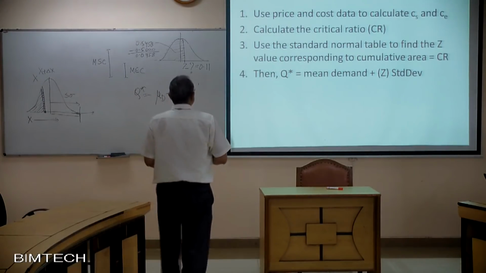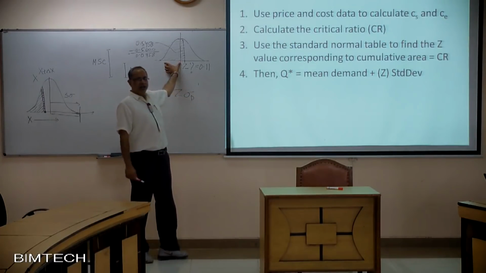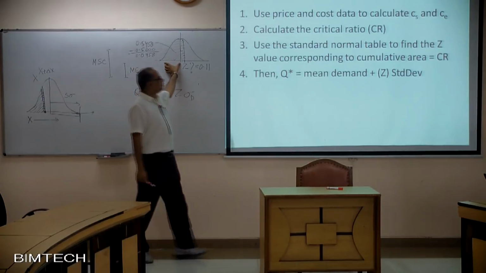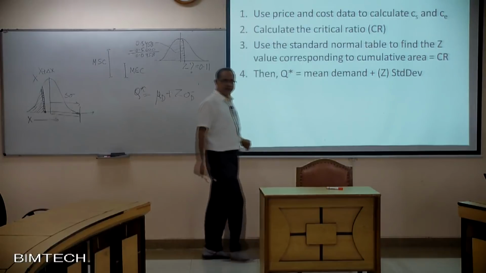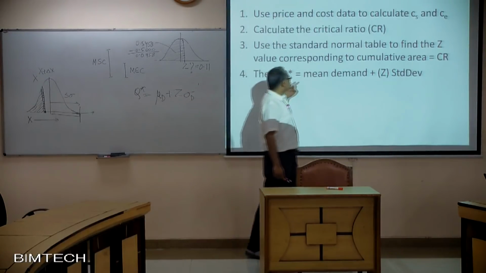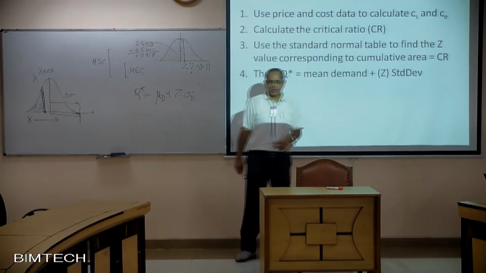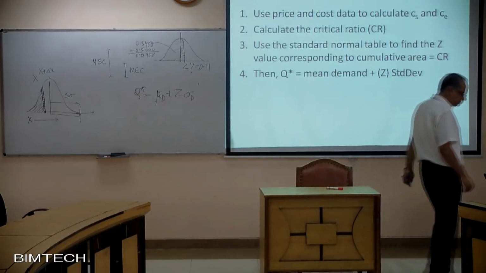And then the critical ratio gives me the cumulative area under the normal curve. We find out the Z value from that, from the standard normal table, and then Q star is simply mean demand plus Z times the standard deviation of the demand.